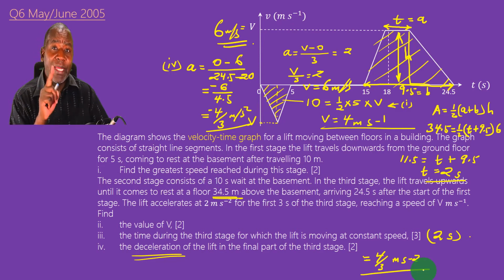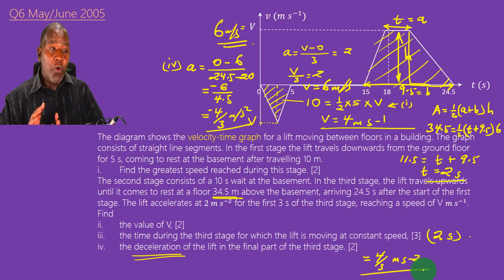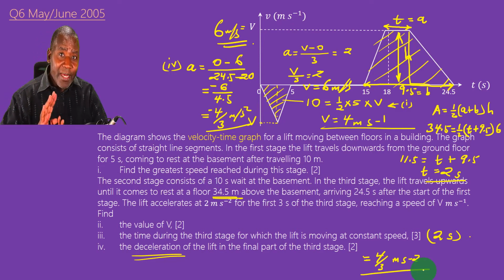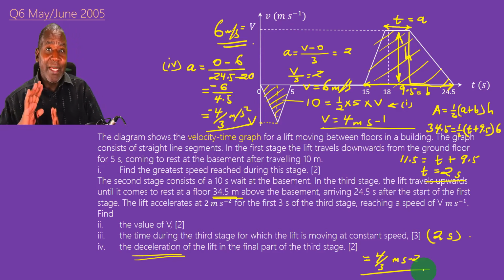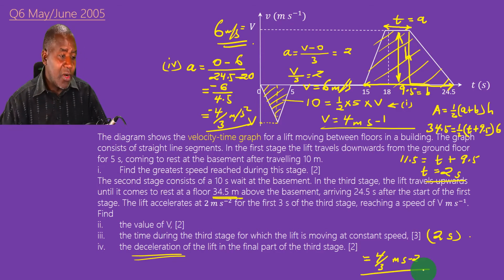Therefore, you should be ready to calculate, look for opportunities to calculate the area and look for opportunities to calculate the gradient. That is the trick, and you will get all the marks for a question which involves velocity time graphs. The gradient represents acceleration, while the area represents displacement.